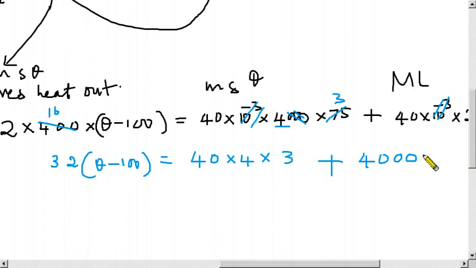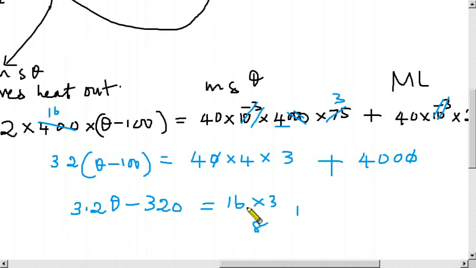So we can divide by 10, this one cancels, this one cancels, this becomes 3.2 times theta minus 3.2 times 100 means 320, equals 4 times 4 is 16 times 3, that means 48, plus 400, plus 48 means 448.